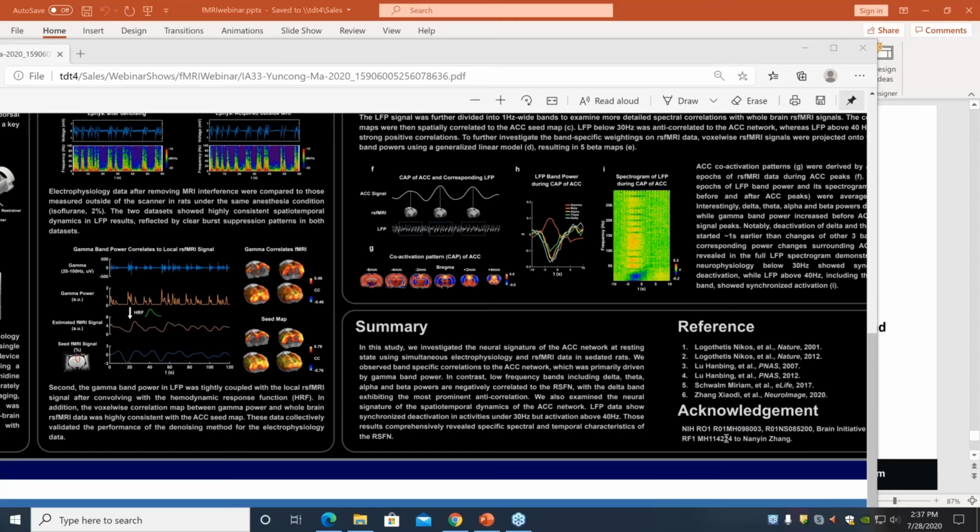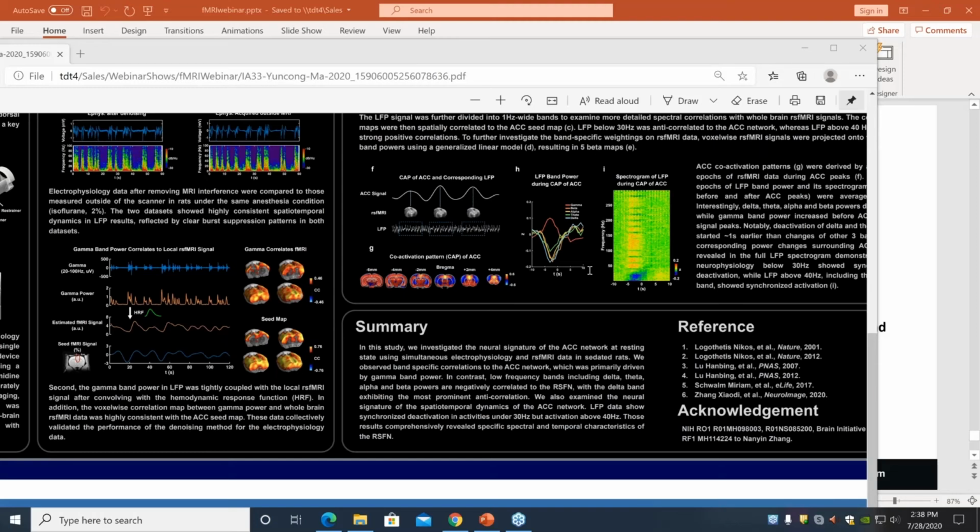And in Figure F, we use a dynamic analysis called co-activation pattern that captures the spatial activation at the peak points of the fMRI signal. And in Figure G, those are the fMRI CAP patterns.